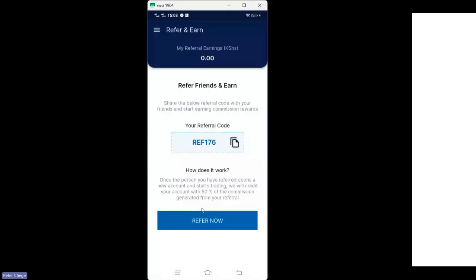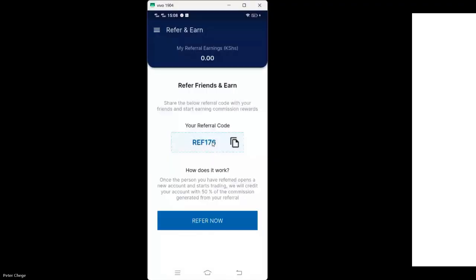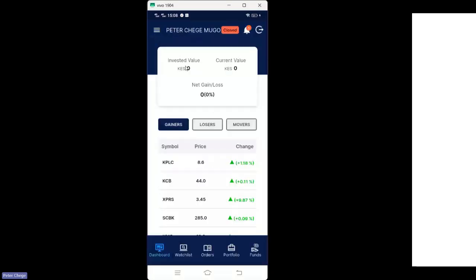Or you can click refer now, then you can use any of your apps to send it. As I said, you can share anywhere. And when you're sharing, you can edit this message. So that's another way you can make money at NSE by using the referral code. It's only in AIB. Other brokers don't have it.